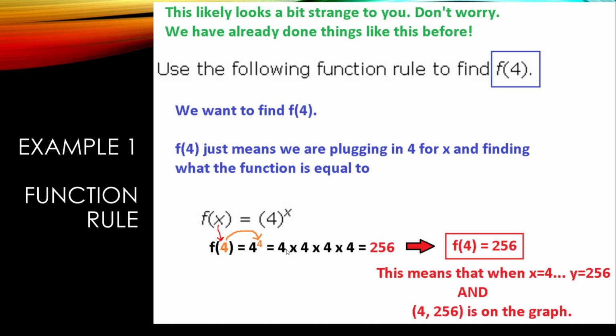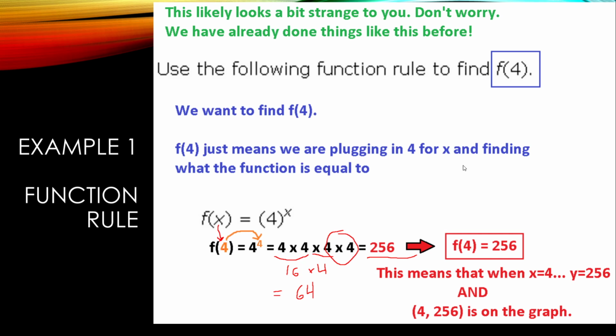That's what we put here. 4 times 4 times 4 times 4. Remember that's 16 here. 16 times this 4 would be 64. And then we would have 64 times this last 4, and that would give you 256. Okay? So this means that f of 4 is 256.